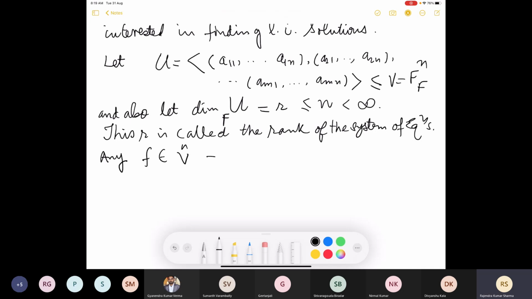V hat is the dual of Fn over F. So this will mean that this is say x1 v1 plus x2 v2.